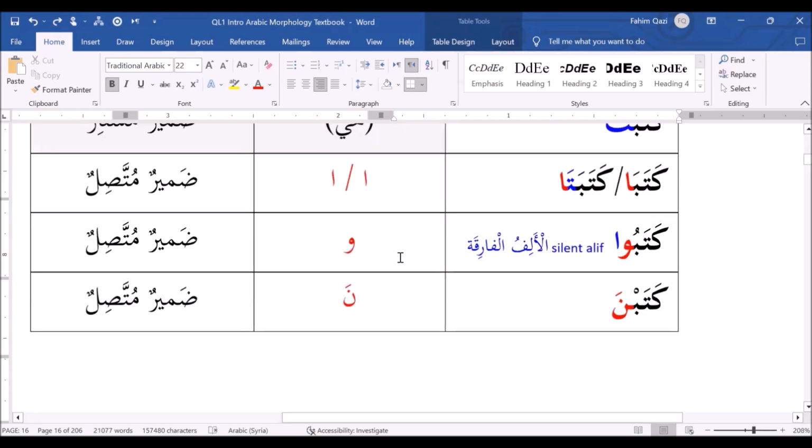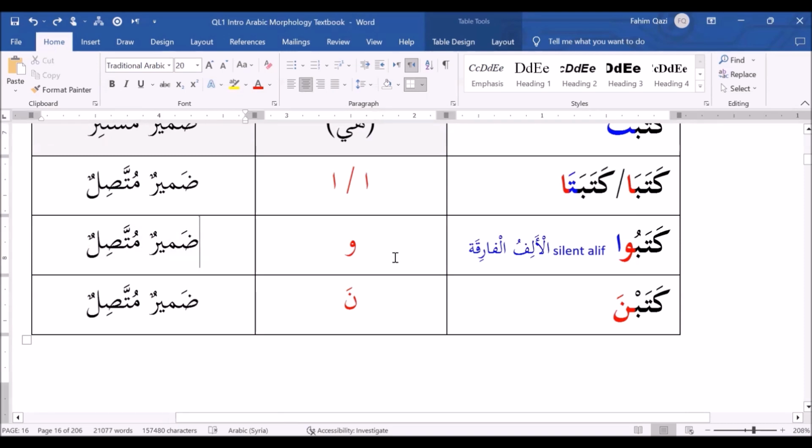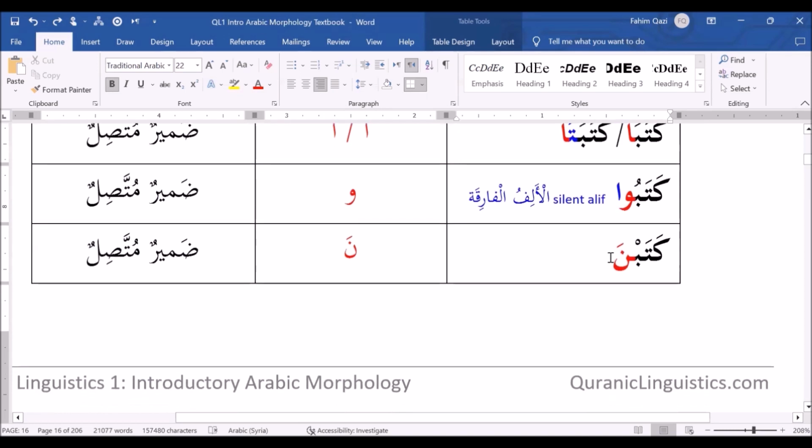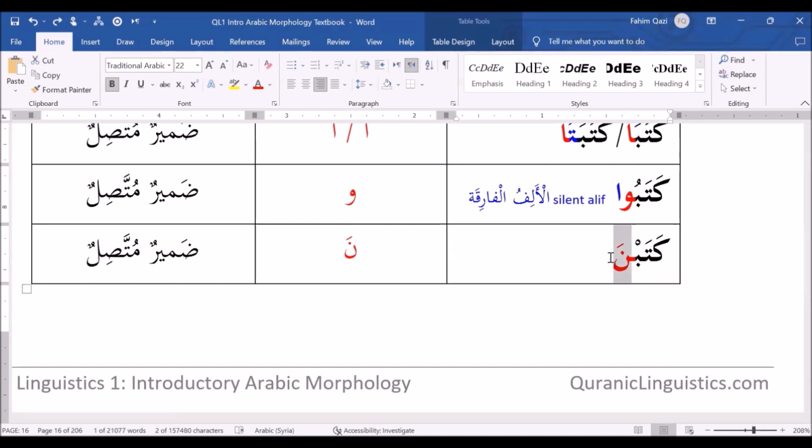And of course, the type of pronoun here is damirun muttasilun, connected pronoun. You've got here katabna, which is the last conjugation. Katabna, you've got the red connected doer pronoun, which is na, and it has the same meaning as hunna. So na is the connected version of hunna, which of course, as you know, is for three or more, feminine plural.